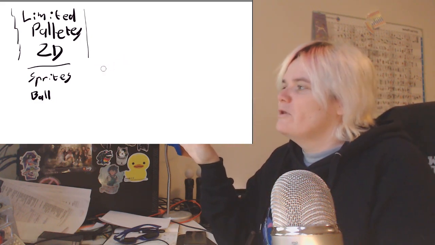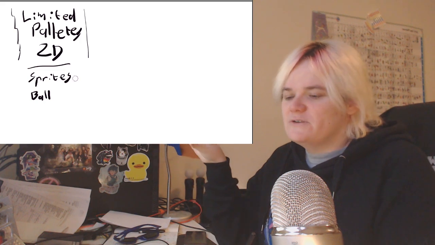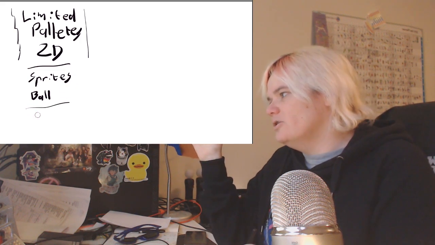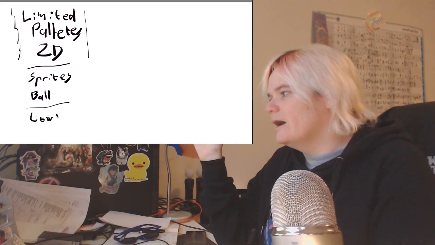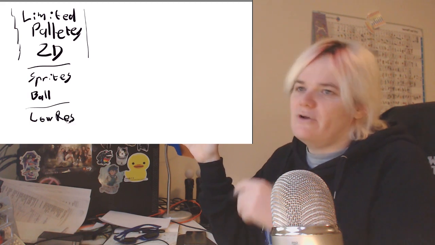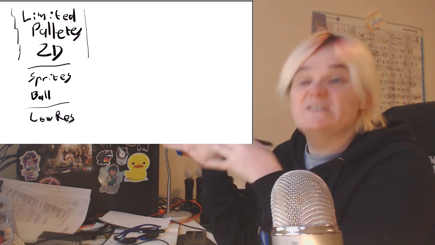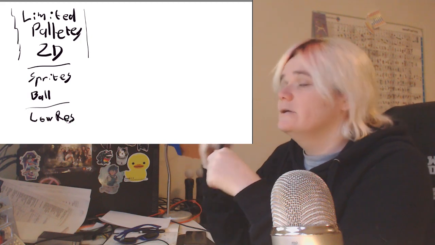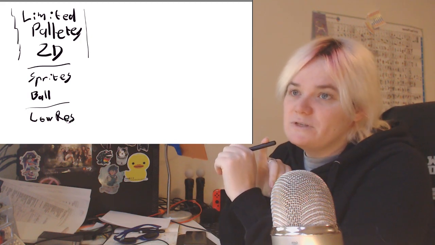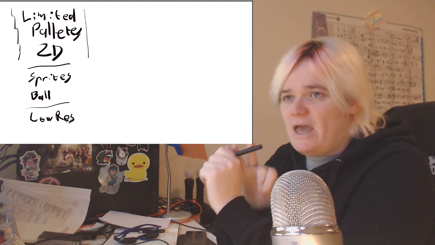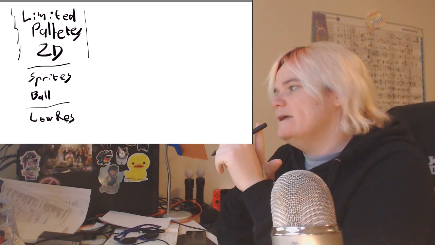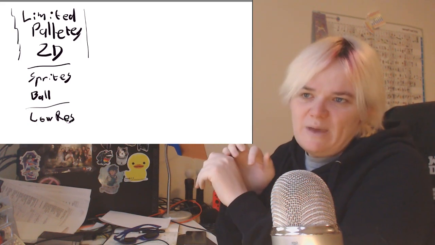You also had low resolution. For these reasons, the graphic stylings of the period tended towards static backgrounds with a handful of moving sprites in low-res limited palettes.